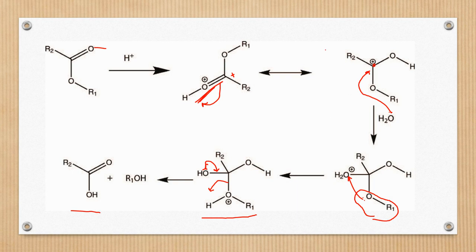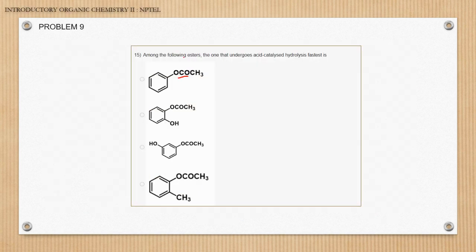So the basic concept behind acid catalyzed hydrolysis is that you will get a carbocation at this carbonyl carbon. The higher the stability of the positive charge at this carbon, the higher will be the rate of acid catalyzed hydrolysis.